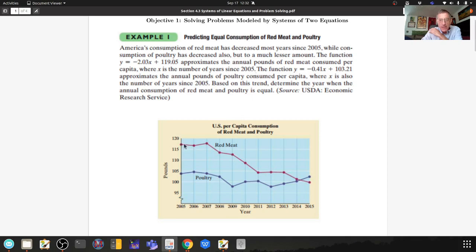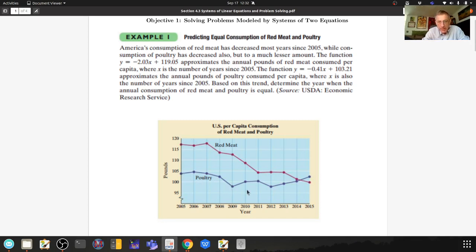So what they've done is this function y equals minus 2.03x plus 119.05. That's y is equal to mx plus b. And here we see that our slope is negative. So they've actually used a type of curve fitting, in this case it's a line, to approximate it.